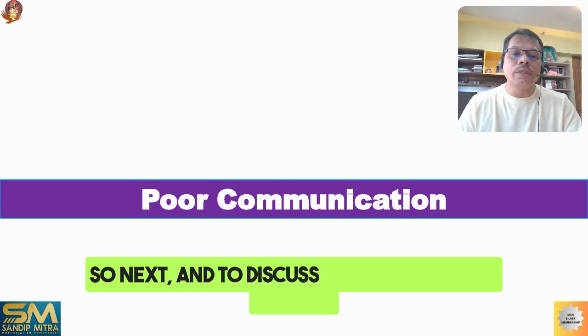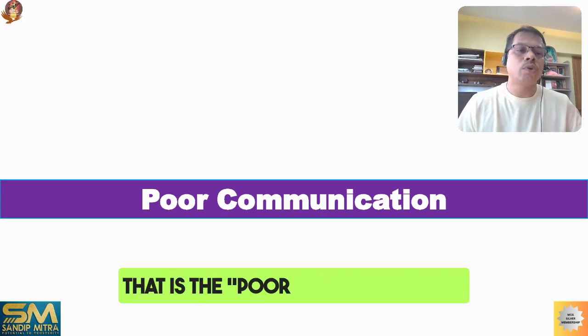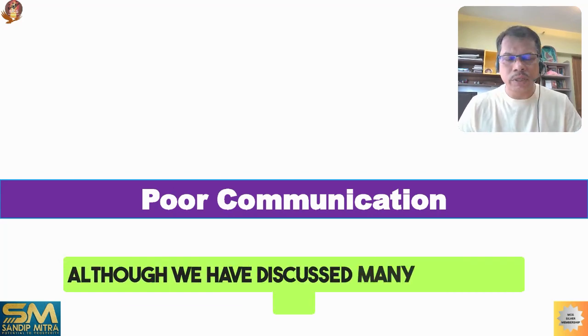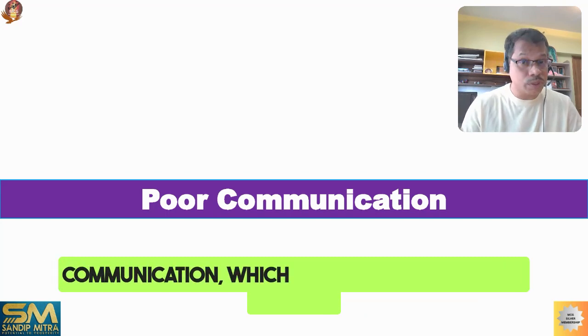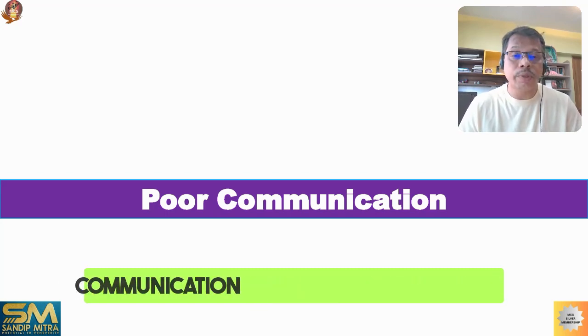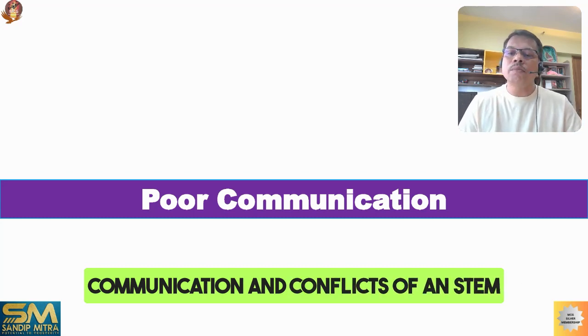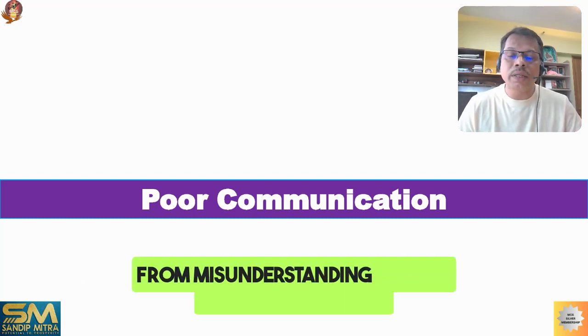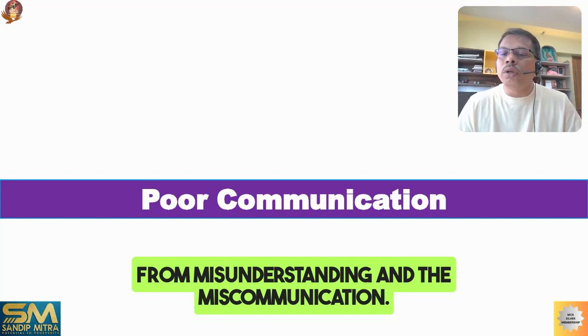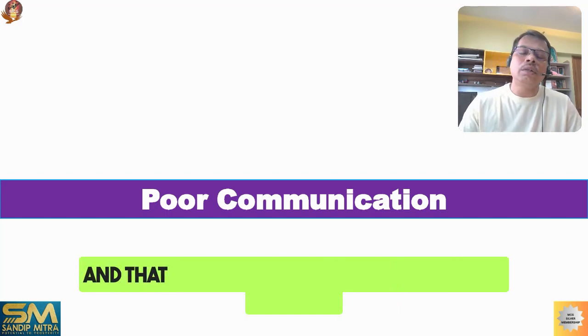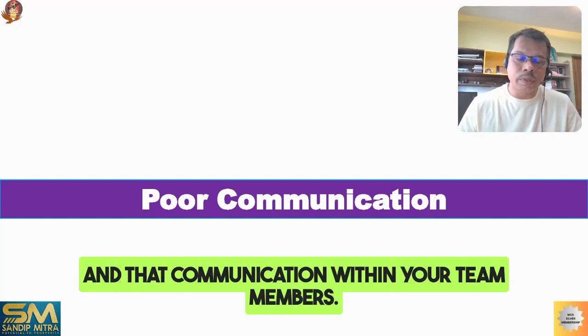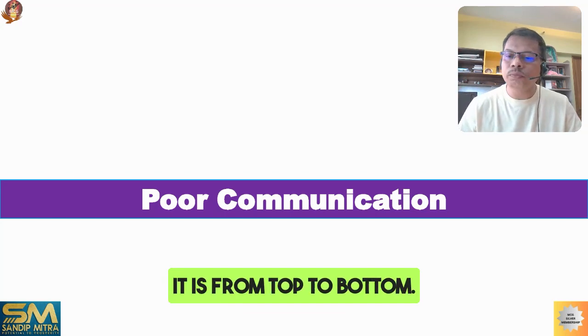So next, I have to discuss the fourth pointer, that is poor communication. Although we have discussed a lot about communication, which is the backbone of any project, conflicts often stem from misunderstanding and miscommunication. Communication within your team members goes from top to bottom.